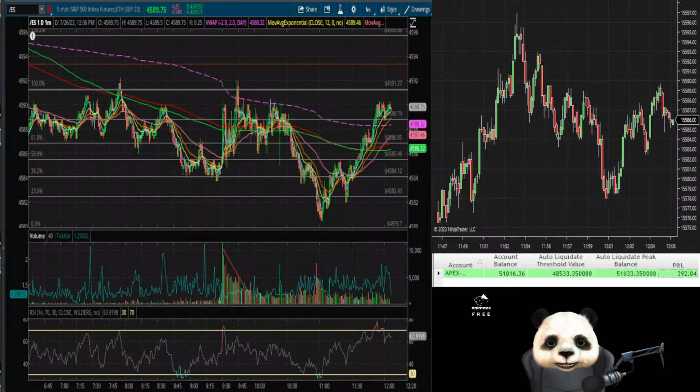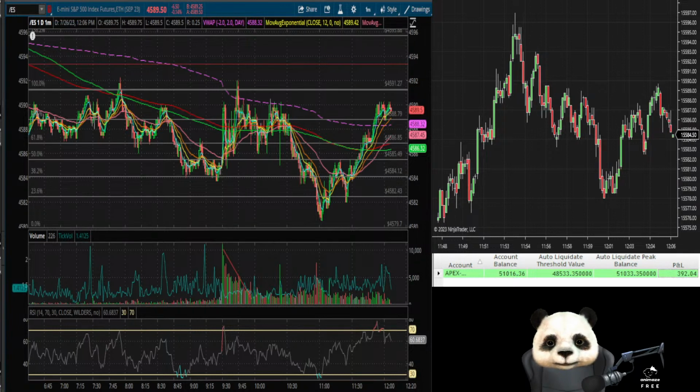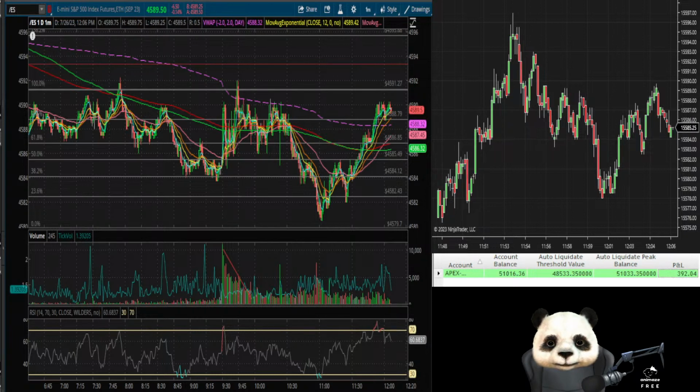I'm looking to hopefully enter some more trades. One mini for 2,500. DD? What do you mean DD?